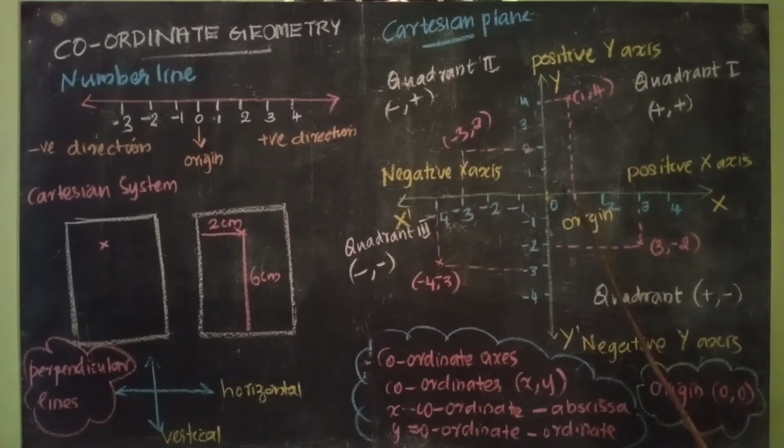Now you can see it is 4 units above the x-axis along the y-axis. So second coordinate is 4. So x coordinate is the distance from y-axis along x-axis. Y coordinate is the distance from x-axis along y-axis. So first is 1 and second is 4.